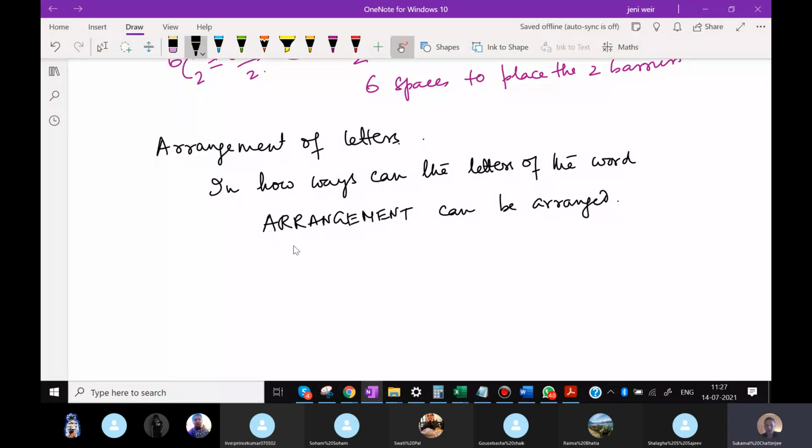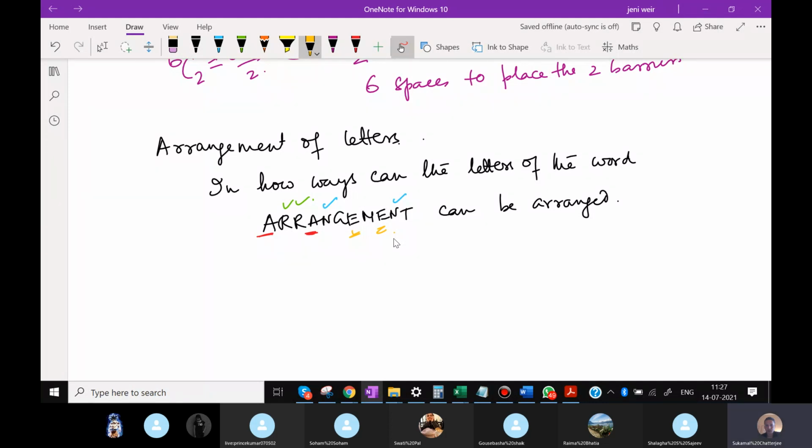So here I have to see how many letters or alphabets are being repeated. I have A repeated twice, then I have R repeated twice, then I have N repeated twice, and I have E repeated twice. So I have four letters which are repeated twice.